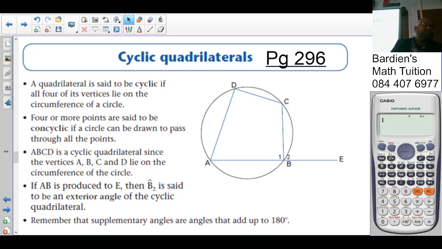It's a four-sided figure made up of sides or lines. So cyclic is to do with a circle. So a cyclic quadrilateral is a four-sided figure that fits into a circle, where the 4 vertices touch the circumference of the circle.